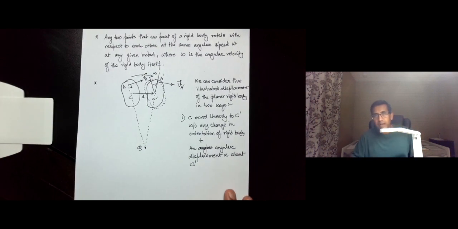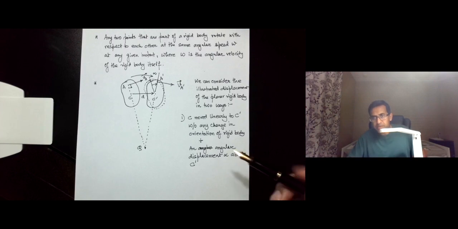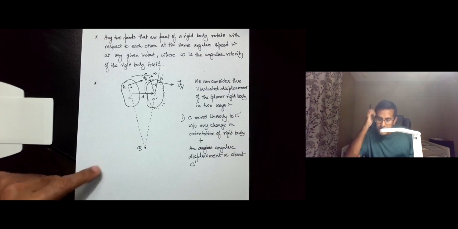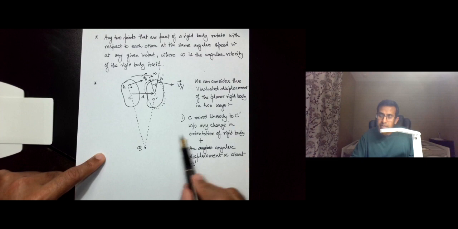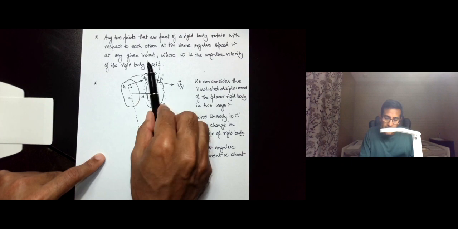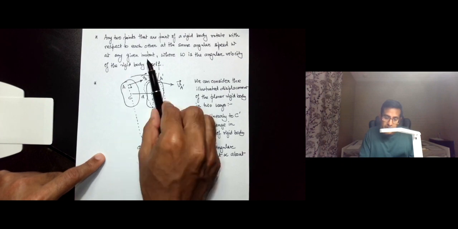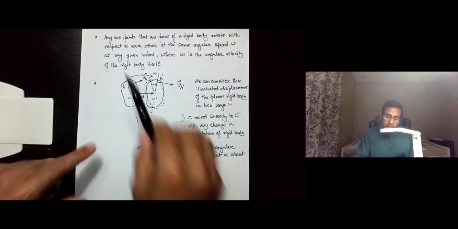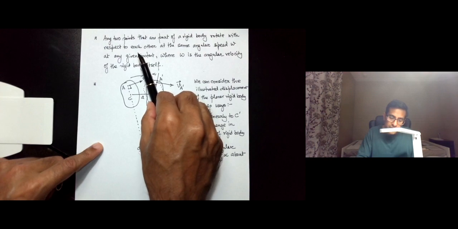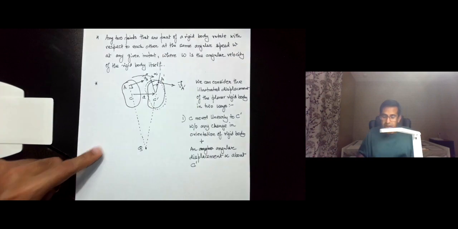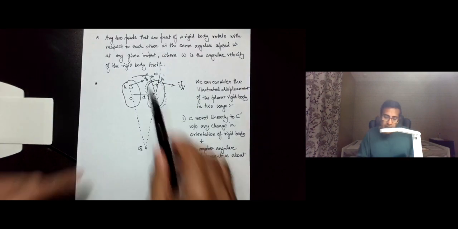So we can consider the whole motion to be a composite of two things. One is the fact that C moved linearly to C prime without any change in orientation. So the rigid body was here, it just moved like this, without changing orientation, and C moved to C prime. And then what happened was the rigid body turned about C prime to orient itself in its final configuration.